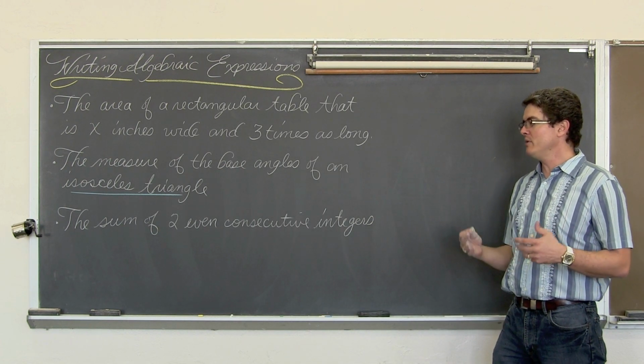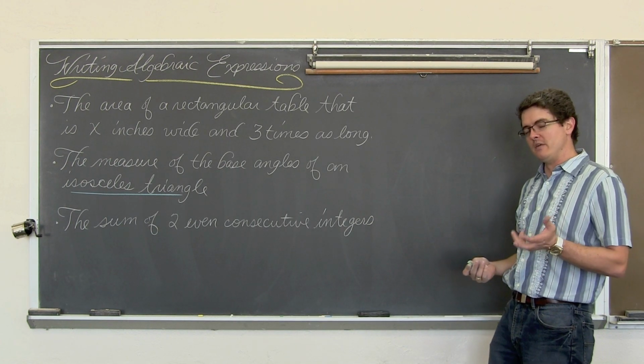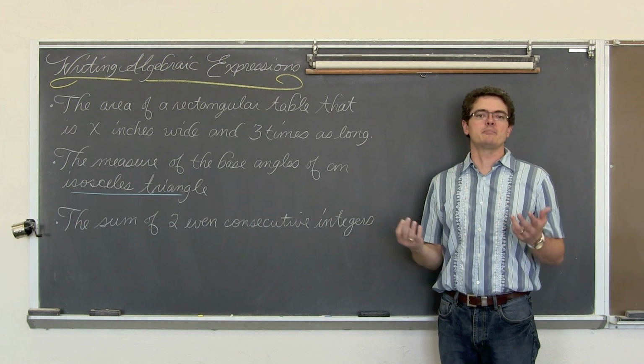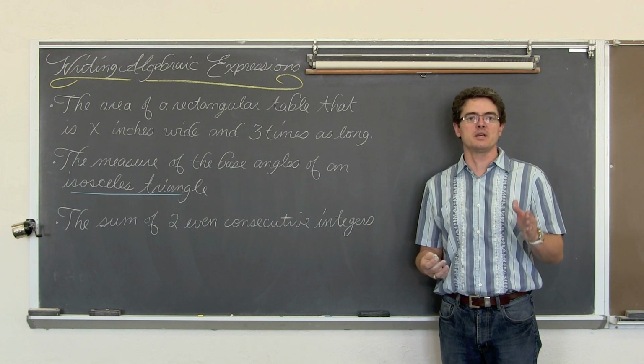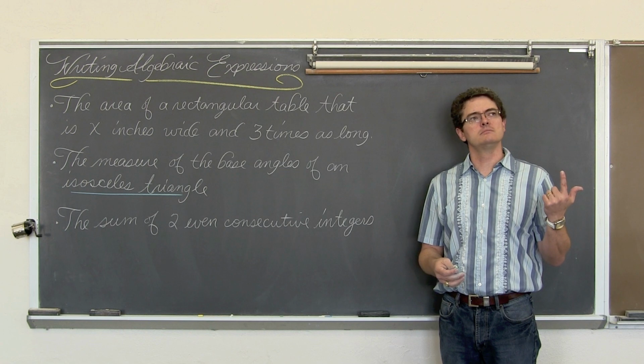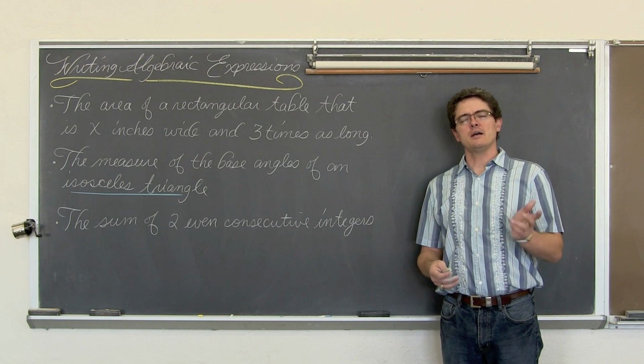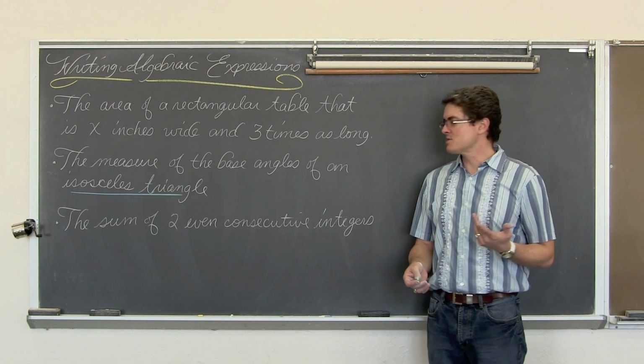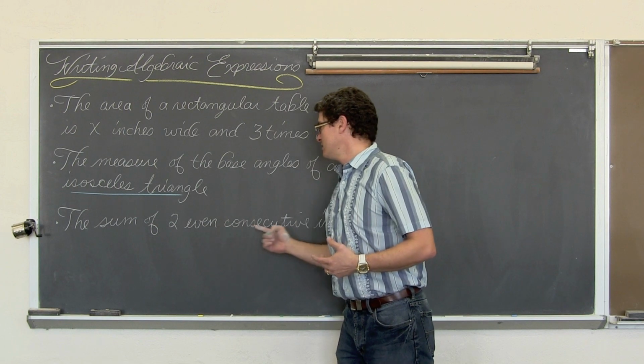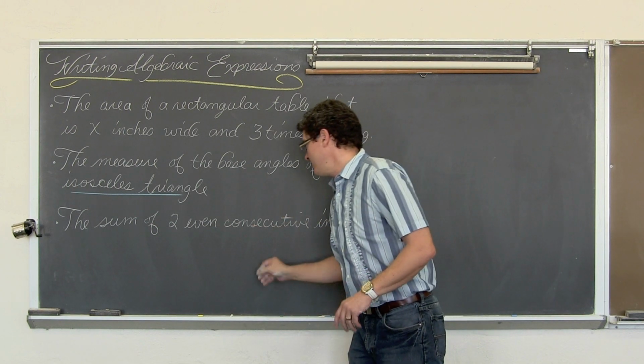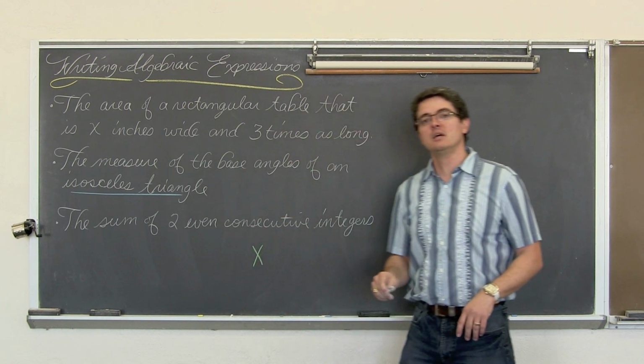The sum of two even consecutive integers. Even integers, of course, are numbers that can be divided by 2, like 2, 4, 6, 8, 10, 12. I keep just adding by 2. So let my first even integer be just x.